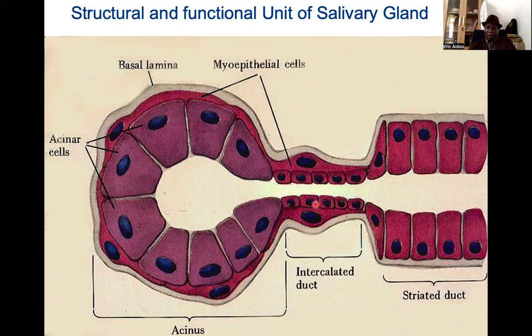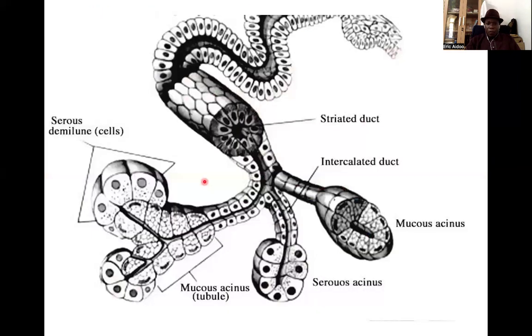The best you can describe this would be maybe low cuboidal. And when you come to the striated duct, they are columnar. So note that for the striated portion, they are columnar, while the intercalated is squamous, or better still, low cuboidal. But the acinar cells or secretory cells are cuboidal. So you can have this as well.